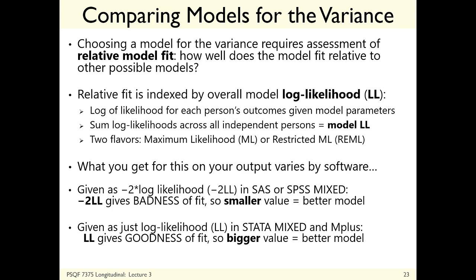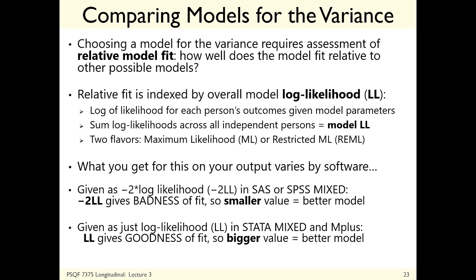So big picture, in asking ourselves what needs to be in a model, there are 2 types of models that we're talking about. There's a model for the means, and there's a model for the variance. When you're talking model for the means, that's fixed effects. That's effective predictors that explain variance.